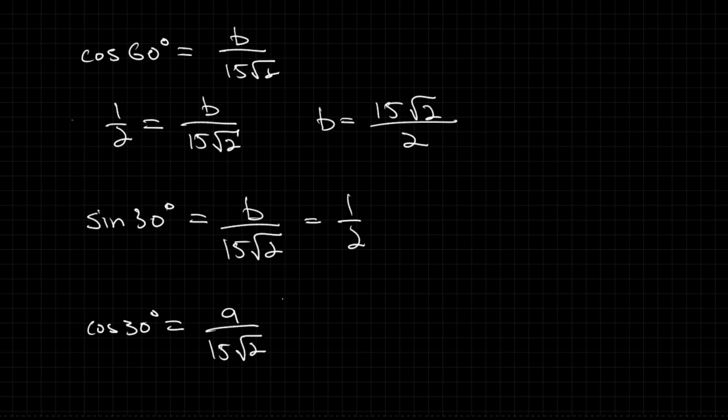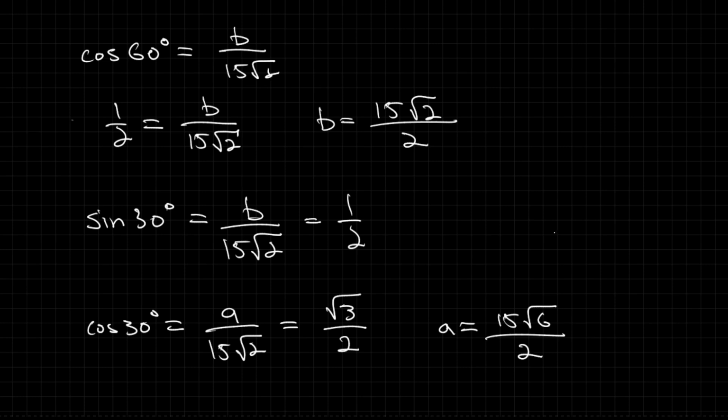And cosine of 30 degrees, well, that is root 3 over 2. And so I can solve for a. So a will be 15 root 3 times root 2, which is root 6, all divided by 2.